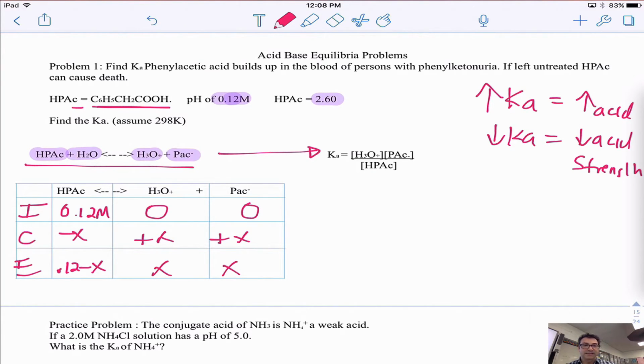Now the thing is that I'm given the pH, and so I know what x is. Since I know the pH is equal to 2.6, I know that 10 raised to the -2.6 is going to give me the H+. So let's go ahead and try and do that now. Take out my calculator.